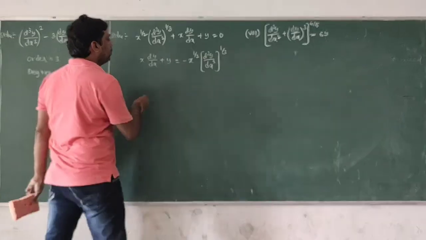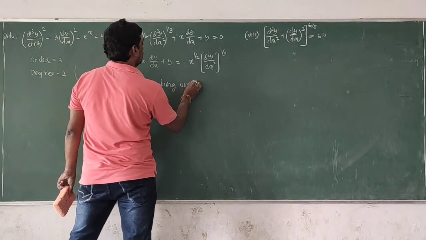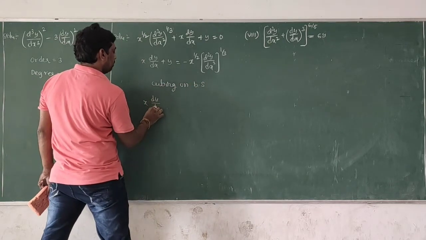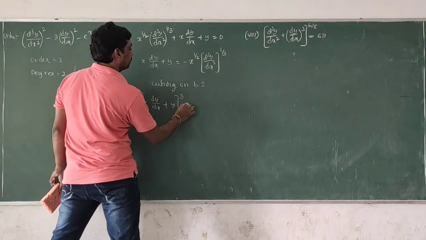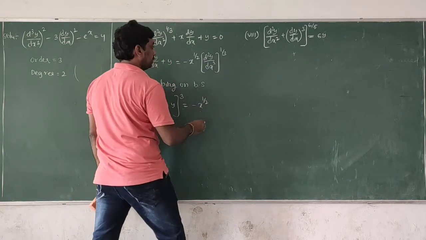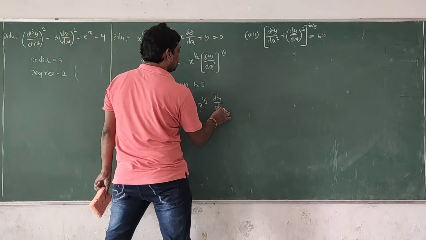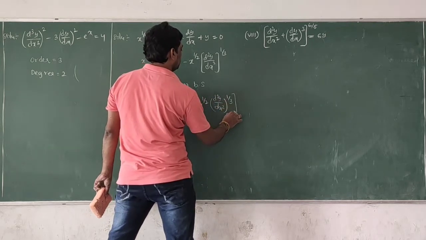That's why cubing on both sides. x into dy by dx plus y whole power 3 equals minus x power 1 by 2 d square y by dx square whole power 1 by 3, whole power 3.